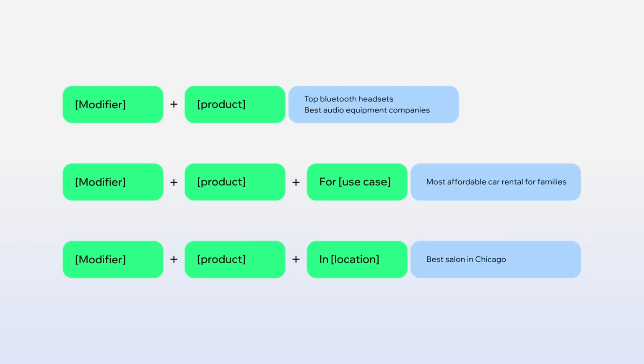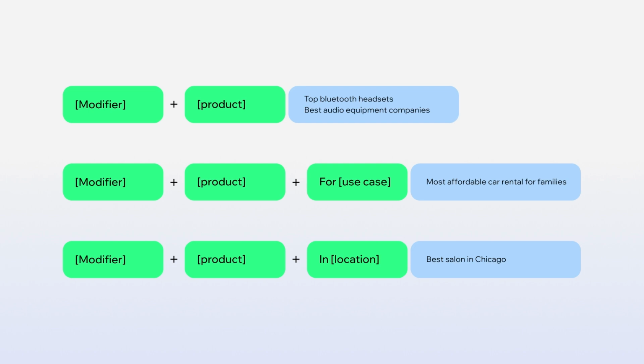To find these listicles for your client, here is a simple formula to get you started. Modifier and product. This can look like top Bluetooth headsets or best audio equipment companies. Then, to get more specific, you can try modifier, product, and use case, like most affordable car rental for families.